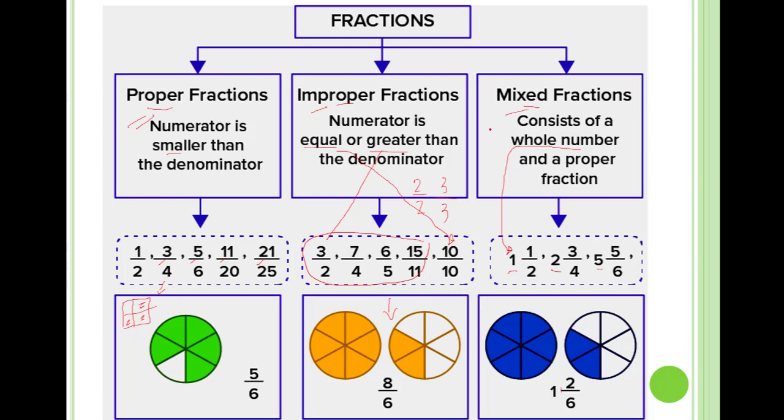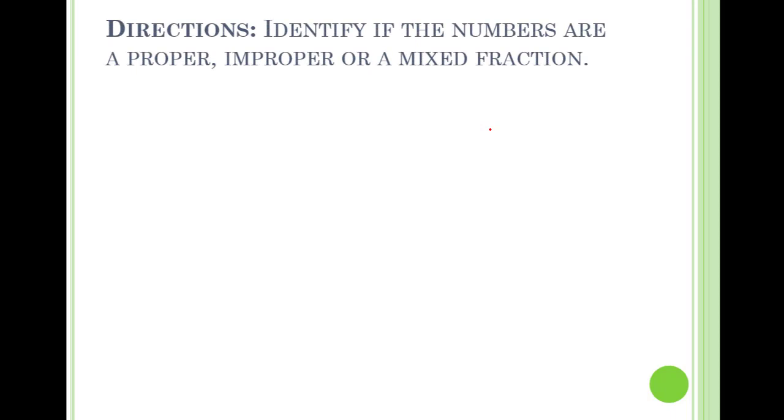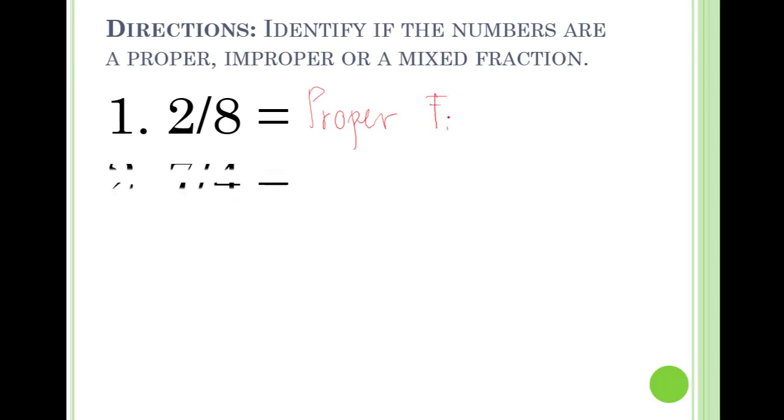Are you ready? Let's begin. Directions. Identify if the numbers are proper, improper, or a mixed fraction. Number 1, 2 over 8. What does it mean? Correct. That is what we call now proper fractions. Number 2.